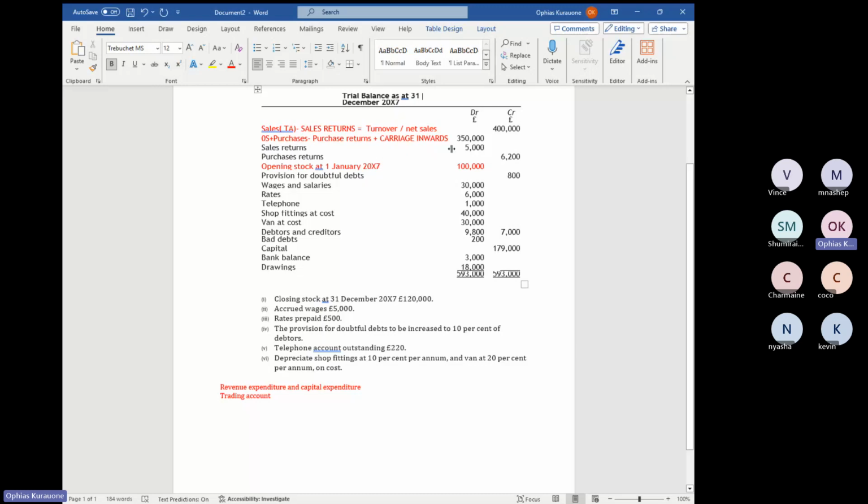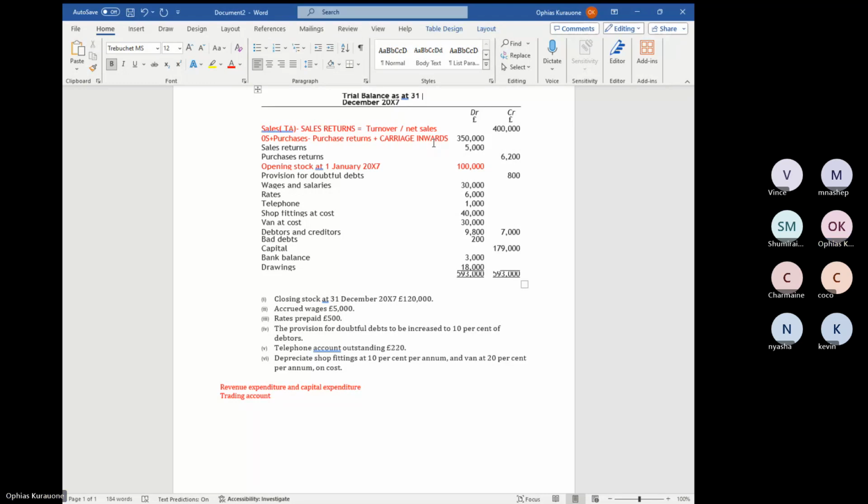Carriage inwards is not part of expenses, but it should be catered into the purchases, into the cost of goods sold. Then the carriage outwards, these are part of expenses.